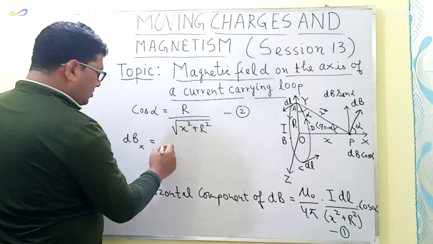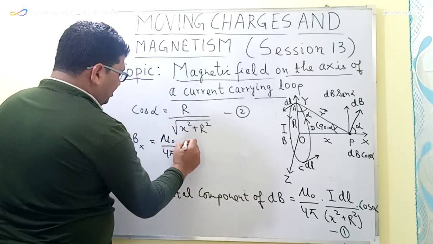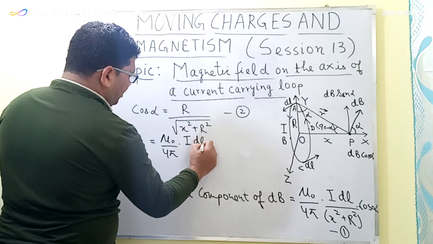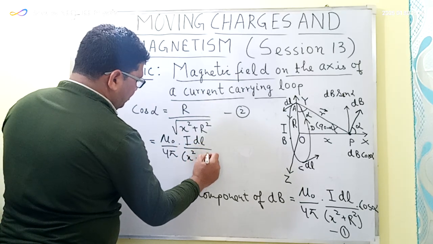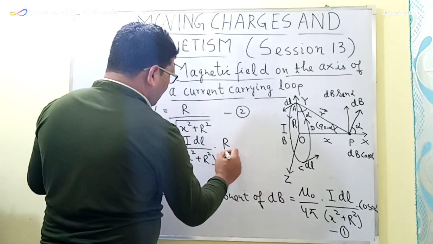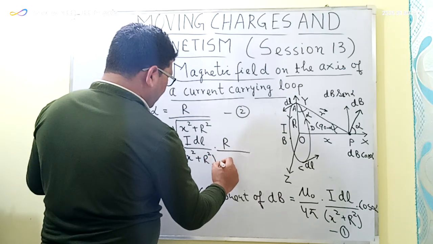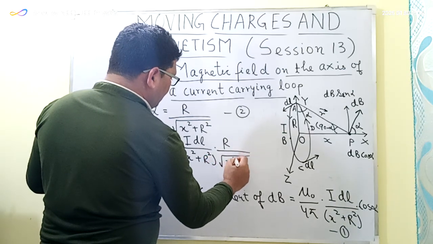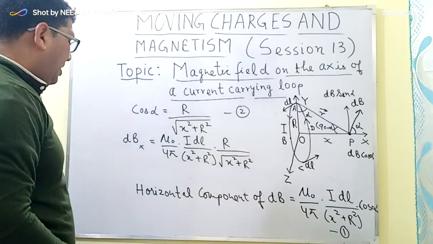This will be equal to mu naught upon 4 pi into I dl upon x square plus R square into cos alpha. Now cos alpha is equal to R divided by under root x square plus R square.